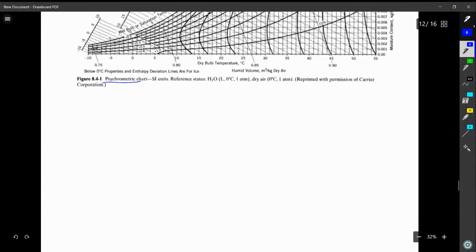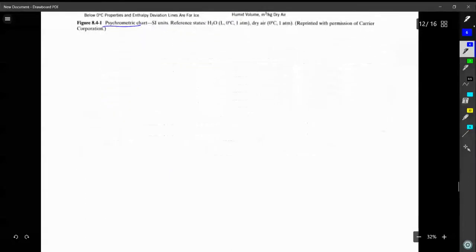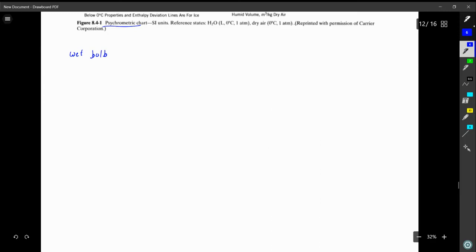Better let's define some things beforehand. So what all do we have? We have wet bulb temperature. I'll tell these terms in a minute. We have wet bulb temperature, dry bulb temperature, dew point. Dew point I already defined.